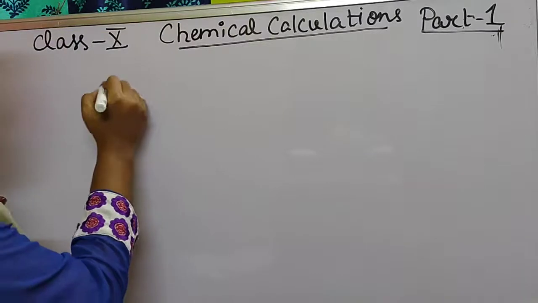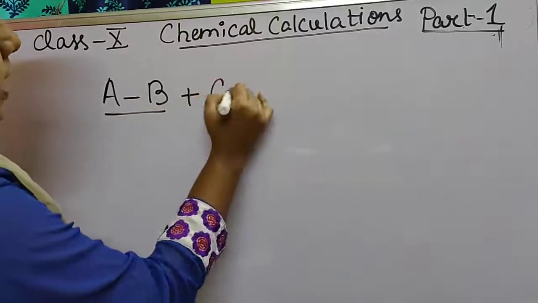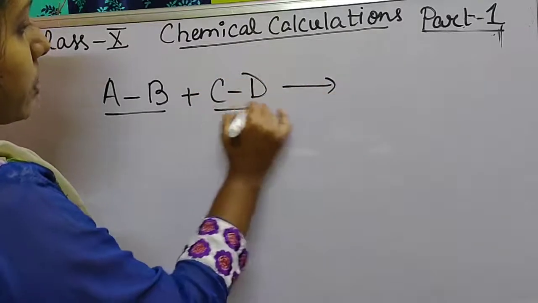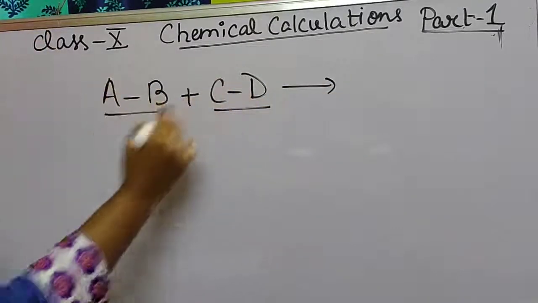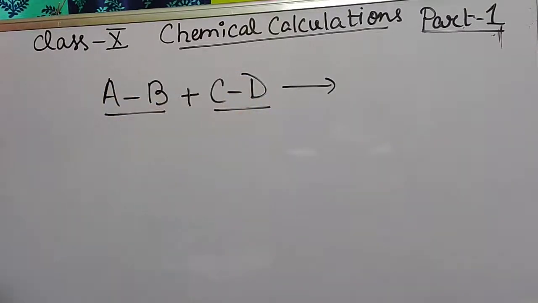Suppose initially we have these two substances, one is AB, another one is CD. So AB is a compound and CD is also a compound.